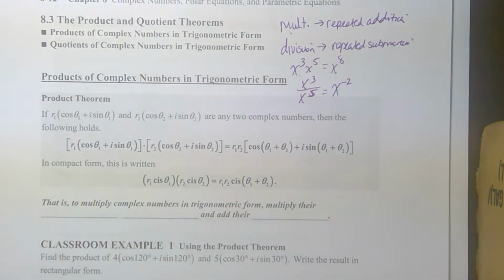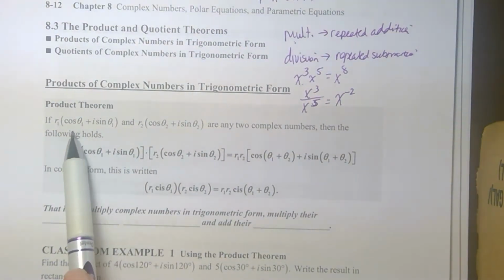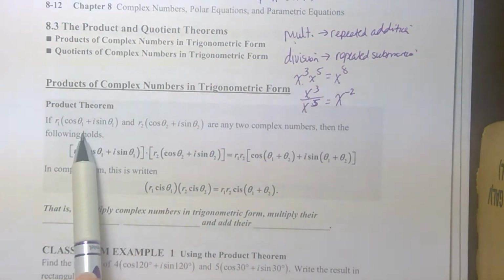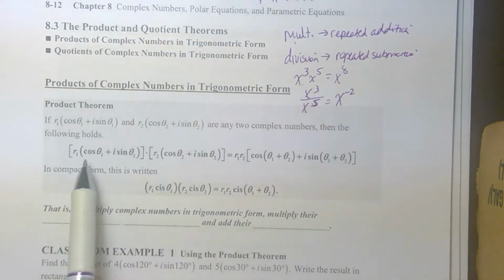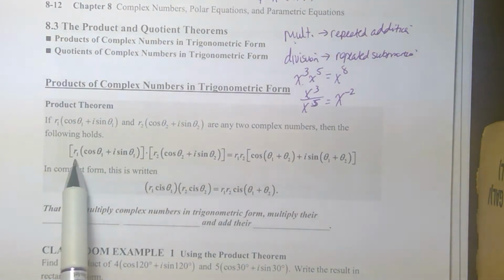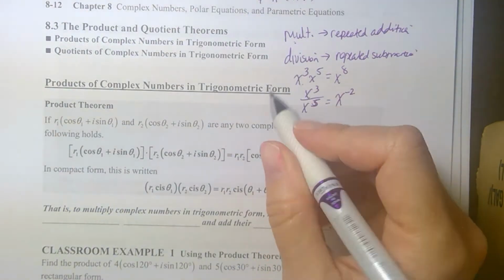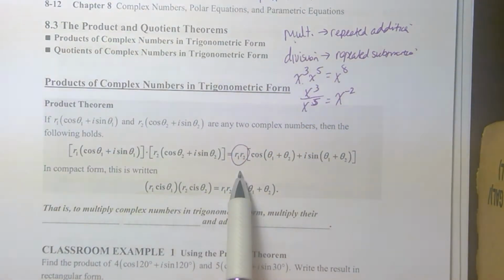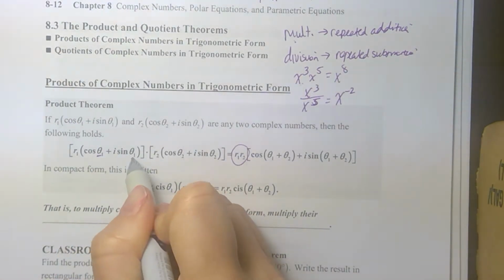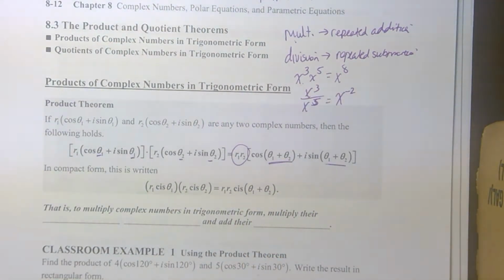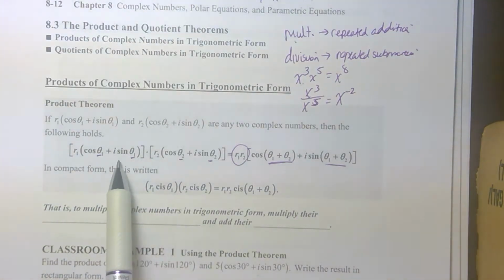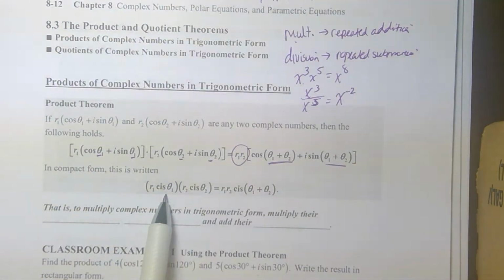My product theorem, if you read through, if I'm trying to multiply together two trig form complex numbers, basically what I do is I see that I have my moduli here, r sub 1 for the first number, r sub 2 for the second. I multiply the moduli together, and then I add the arguments. So this is my CIS theta form, same thing, expanded form, CIS theta form.